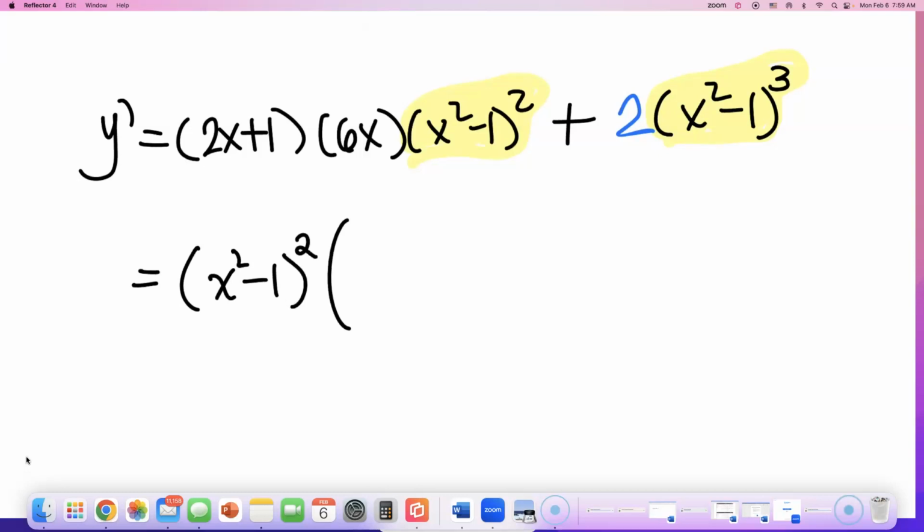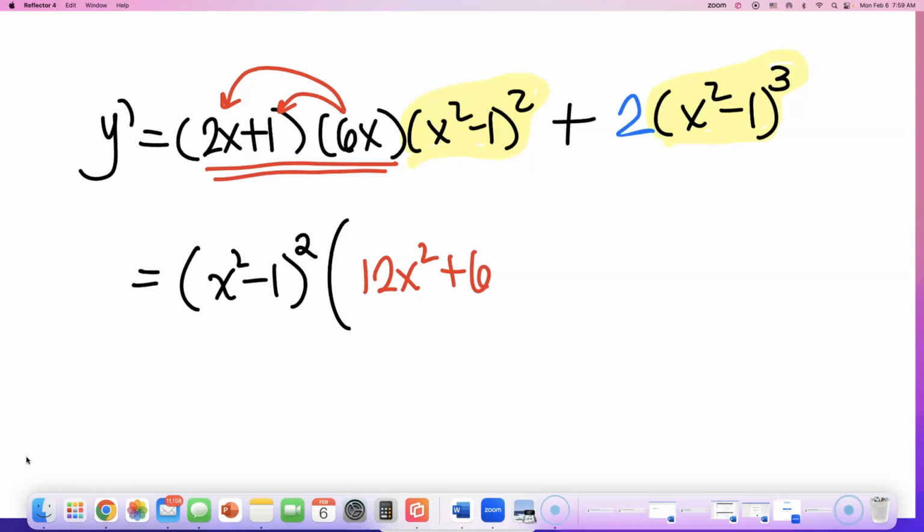And let's write down the leftover. The leftover from the first part is this 2x plus 1 times 6x. Before I write that down, how about I just distribute it. That will give me 12x squared plus 6x when I distribute, right? What's left in the second part?